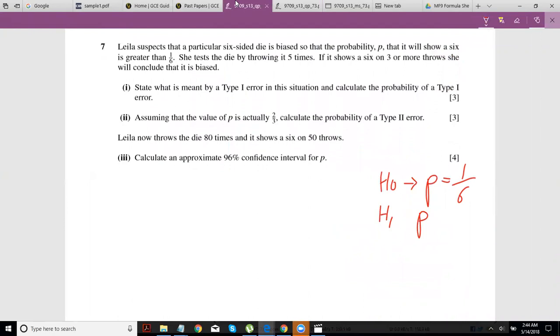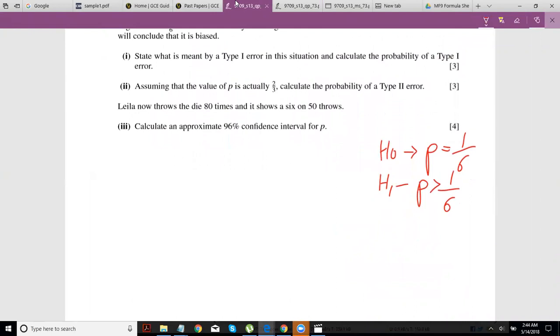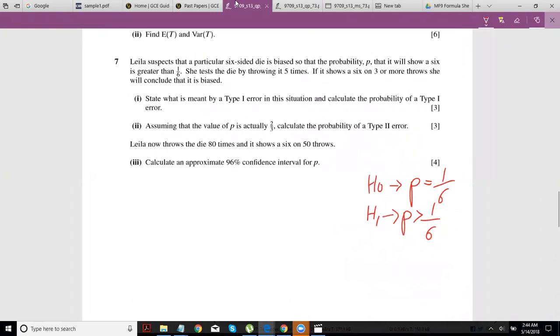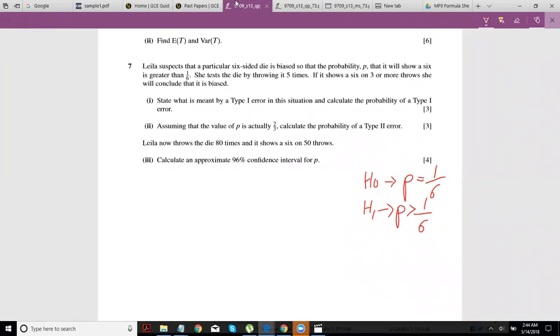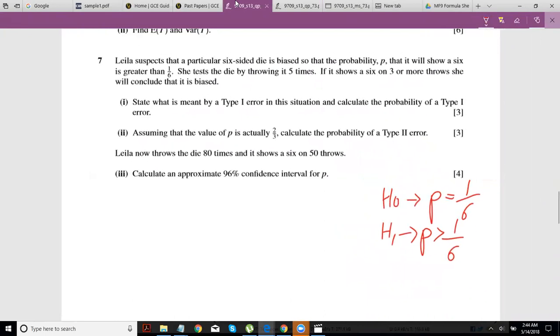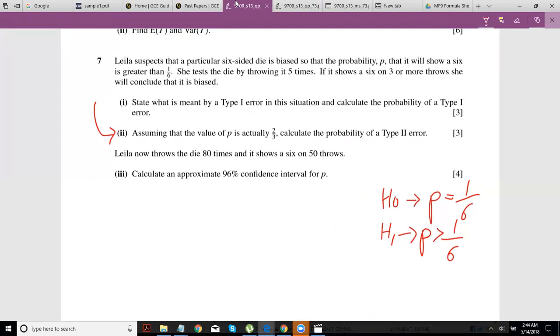If it shows a 6 on 3 or more times, okay, so she's testing whether the probability is greater than it should be, and that would indicate that the die is biased, right? And again, if you look at the question here, look at type 2.